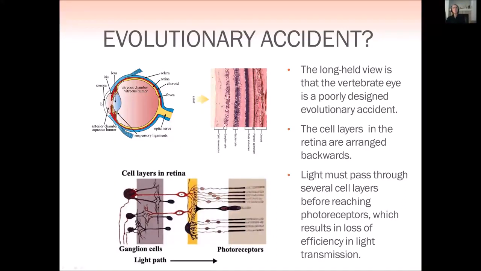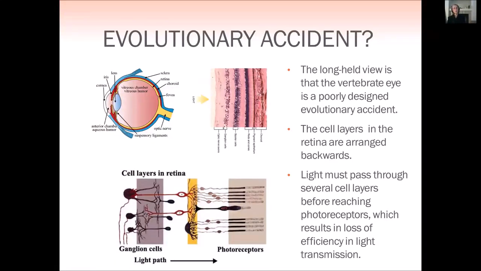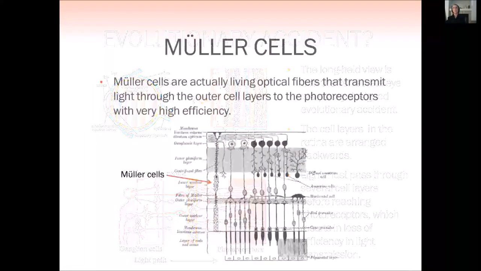So we have light coming through the cornea, through the pupil, through the lens, going back through the vitreous humor to the retina. And then when it reaches the retina, it has to go through all these layers in order to reach the photoreceptors. This will result in a loss of efficiency of your light transmission. That's why evolutionists say that the eye is a poorly designed accident of evolution.